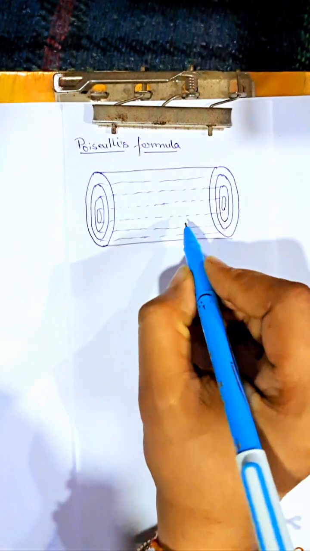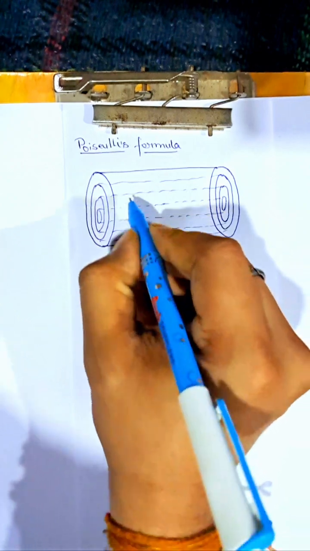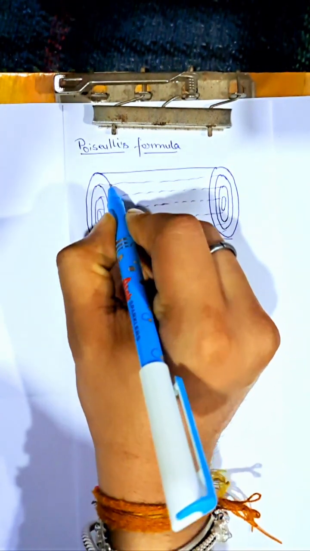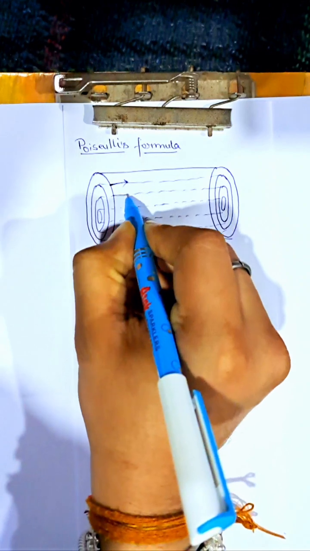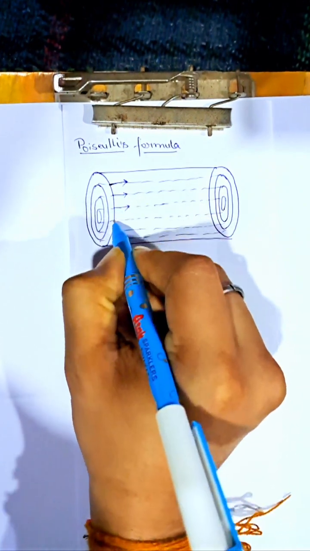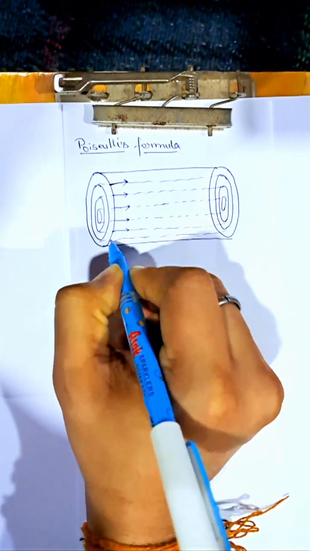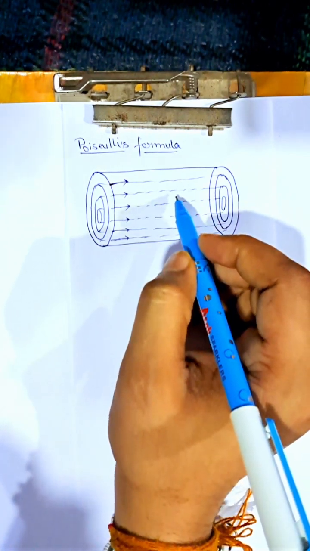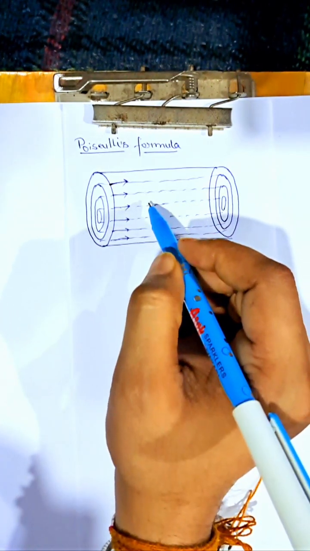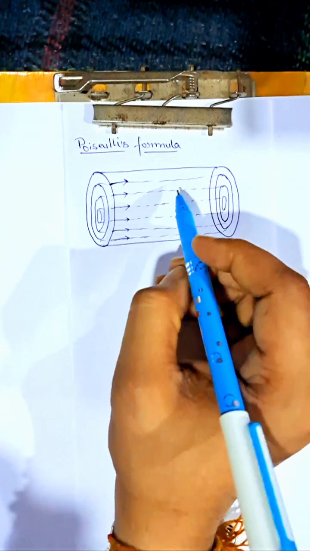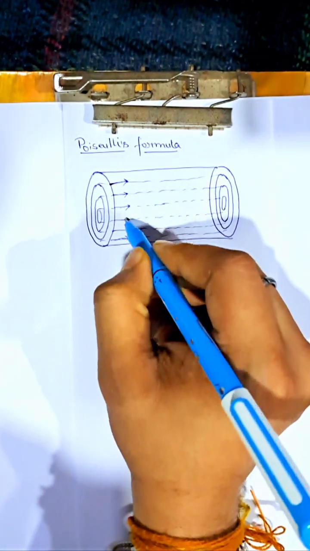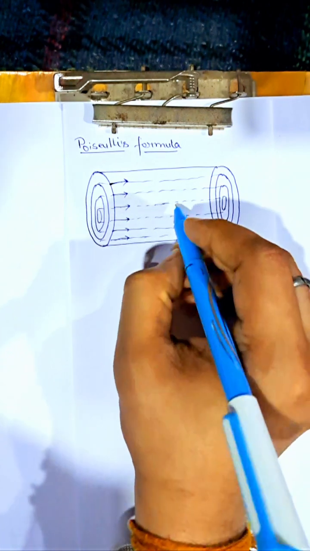Now let us consider the particles are starting at the same rate at this end, but since the viscosity varies according to the position, the particles in the middle region will move faster.